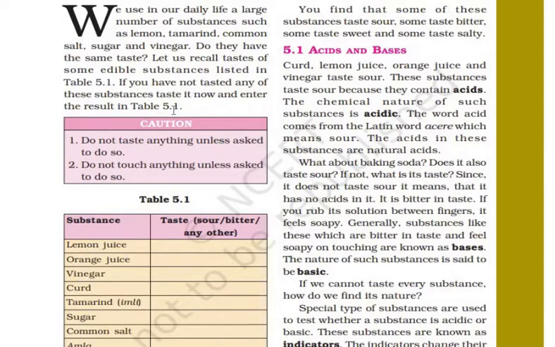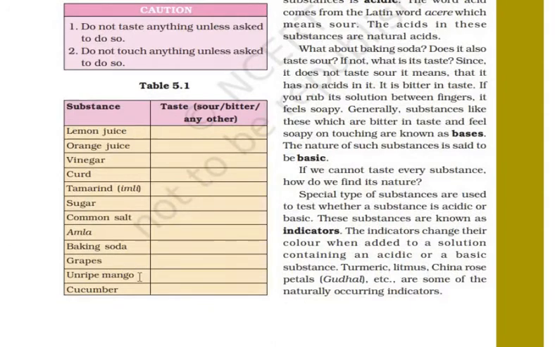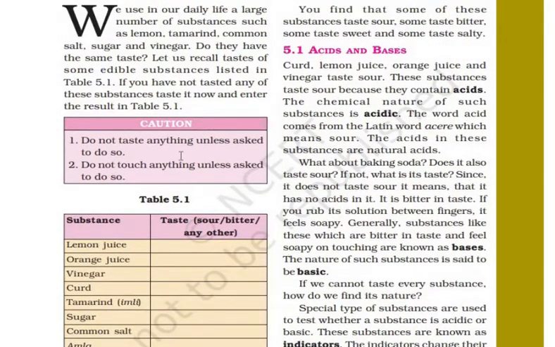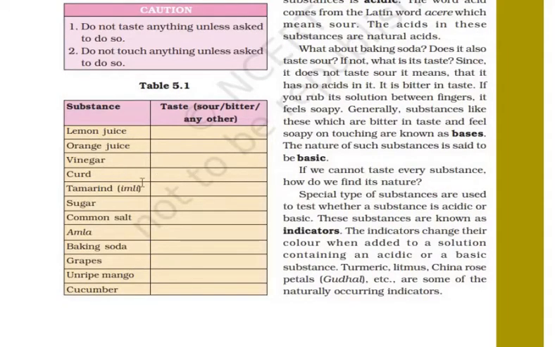So it is saying that if there is something that you have not tasted, you can taste it, because these are edible, you can eat it. There is no harm in eating these substances. So you can taste and write their taste in the table. Some of the substances we know, and that can help us in understanding what this chapter is trying to say.